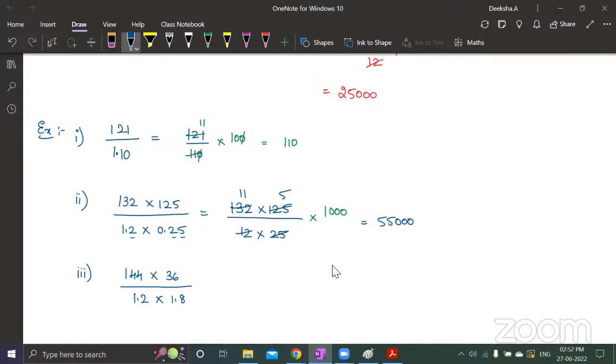Rewrite it without decimal points. Count the number of digits after the decimal point in the denominator. In the numerator, you multiply with the balancing factor, which is 1 followed by as many zeros as the total number of digits after the decimal point in the denominator. Please don't use calculators.